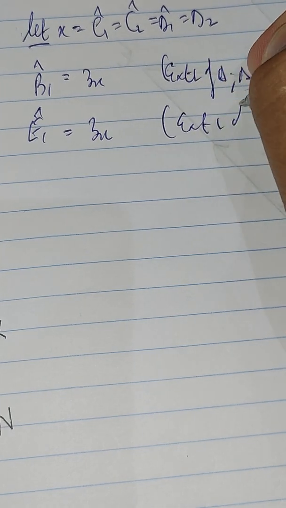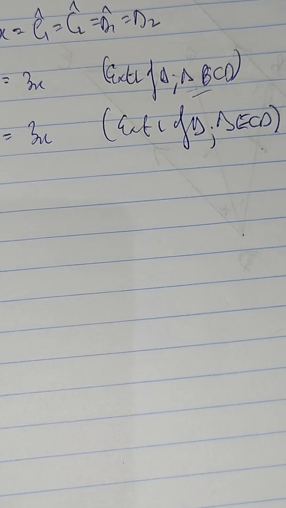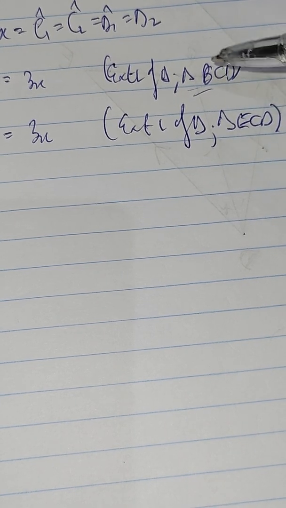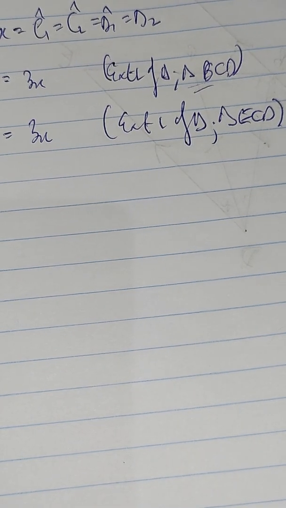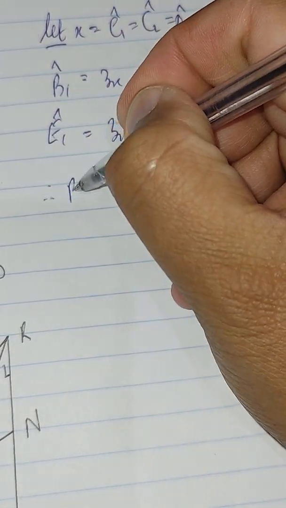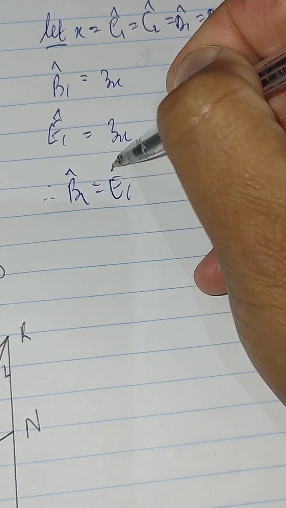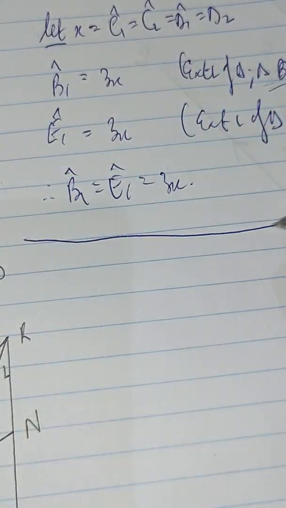Because it is the exterior angle of triangle ECD. You see here there are many triangles in this diagram. That is why it's beneficial to write this here. So therefore angle B1 is equal to E1, which is equal to 3x.